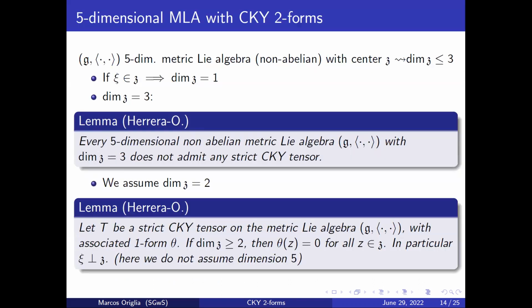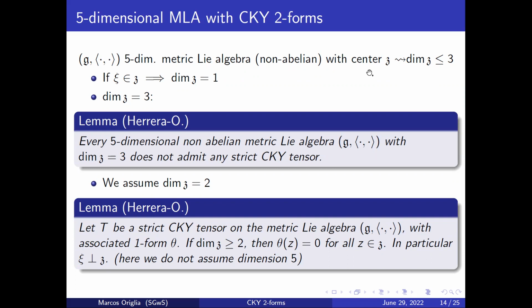So in the second part, we will consider the situation when the dimension of the center is greater than 1. So remember, if we require that this special guy is in the center, then it has to be a central extension, as I said, but also the dimension of the center is 1. So in general, in dimension 5, the center is bounded above by 3.